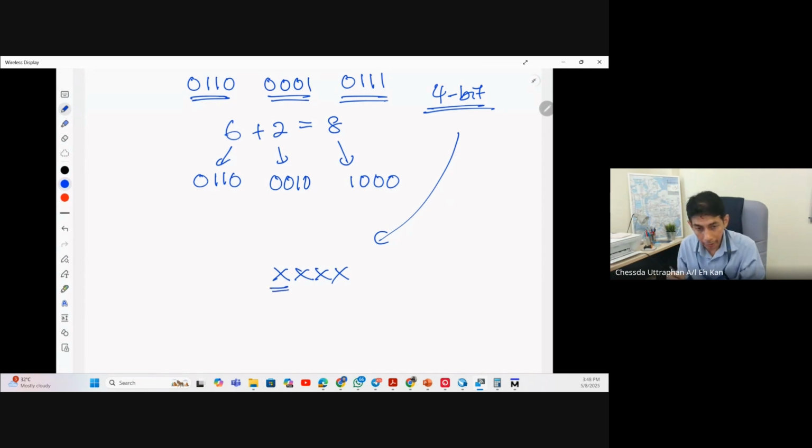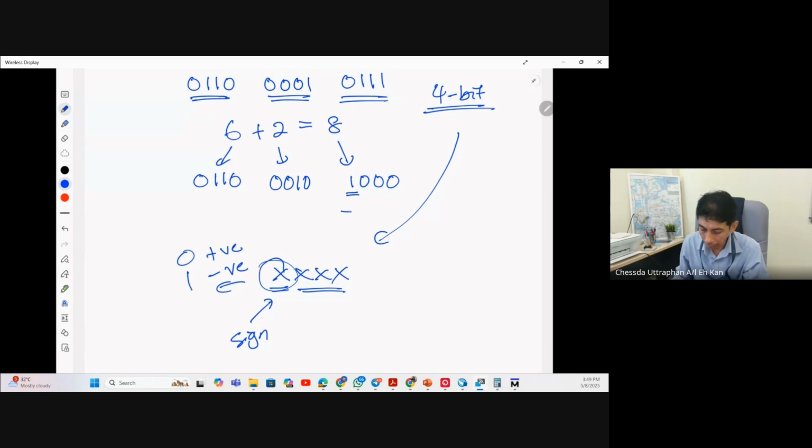In sign representation, for a signed number, the first bit represents the sign, remember, and the rest represent the magnitude value. And of course, in digital systems, we use second complement. But second complement is the same: the first bit, or the MSB, represents the sign, where 0 represents positive and 1 represents negative. Now, look at this.